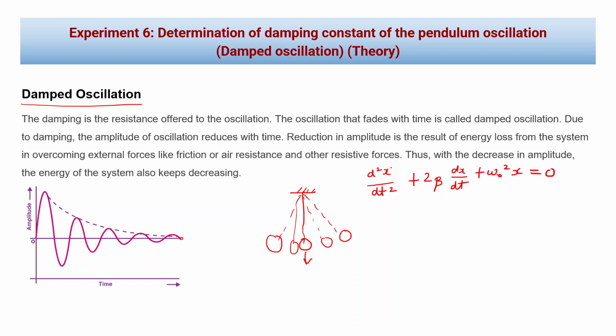This is the differential equation of motion for damped oscillation, and the solution for this will be, this is the amplitude, say, e to the power minus beta t.